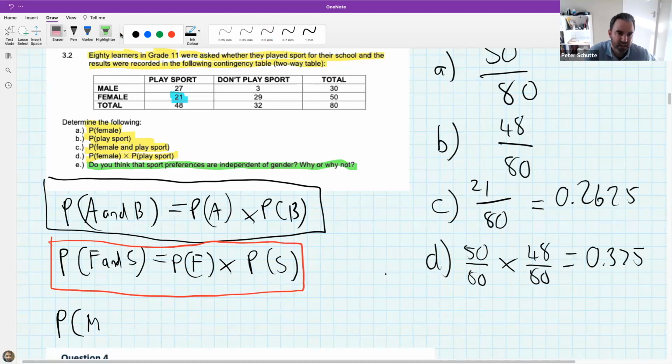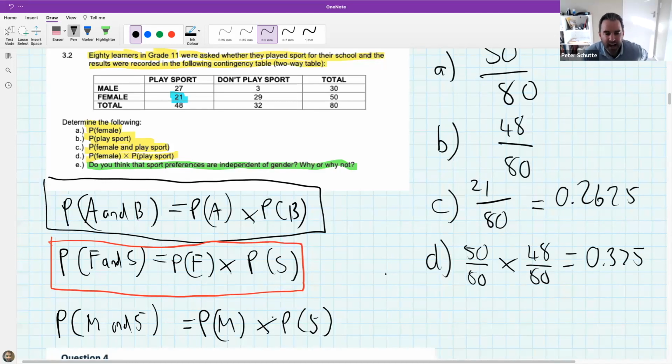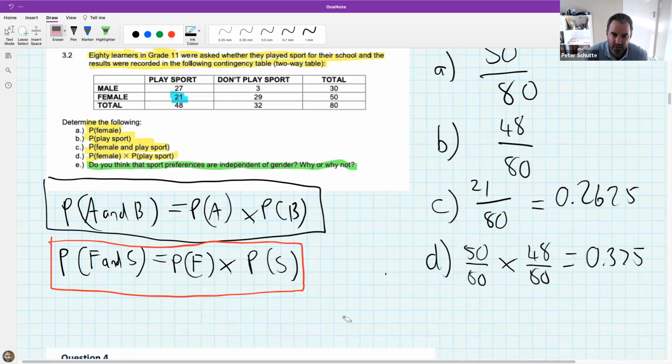You could have checked the probability of being male and playing sport, but then you would need the probability of male times the probability of sport. That would also be fine, because it's A and B, and then the probability of A and B individually. You could have chosen either, but I've already done the work for the female part, so I'm staying with that.